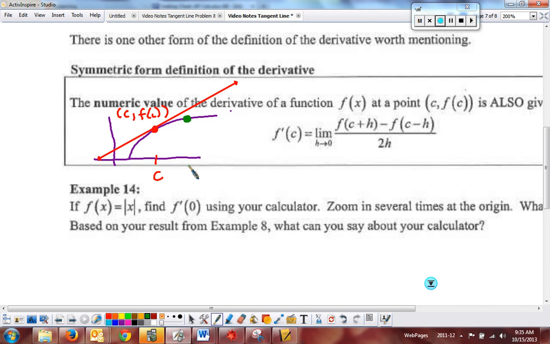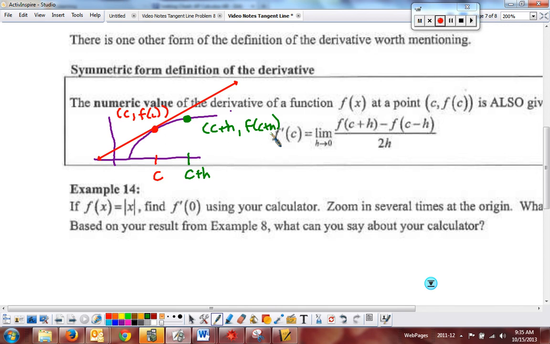And then if I was doing it in the original limit definition form, I would have said I moved over a distance of h, and I would have called my x-coordinate c plus h, okay? Well, this is kind of a mix of the original one with a little new caveat added in. I am going to call this c plus h. This point would have the coordinates c plus h and f of c plus h.